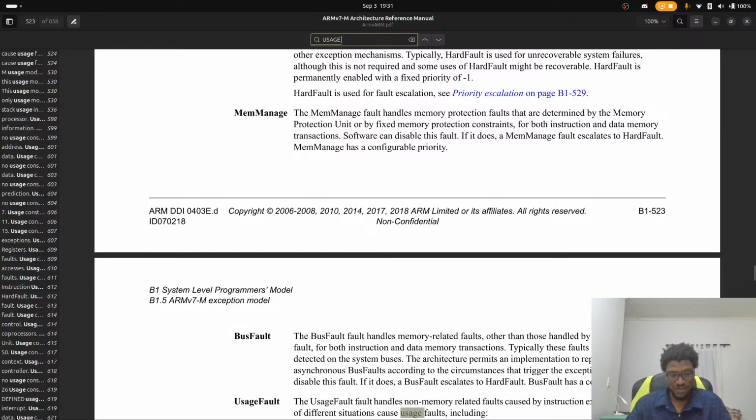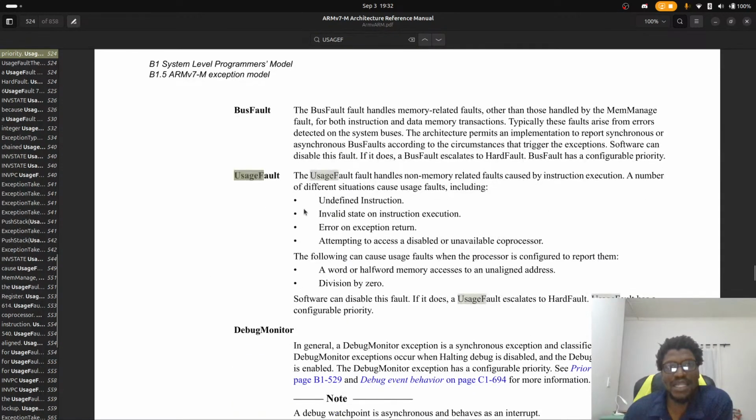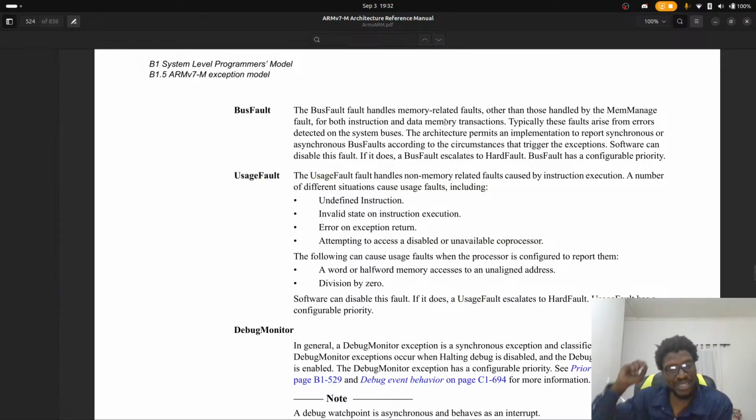Usage fault. So basically, I just want this one here. Aha, let's read this. So we have a usage fault, and I will remove this so that we can read it. Usage fault. The usage fault handles non-memory related faults caused by instruction execution.